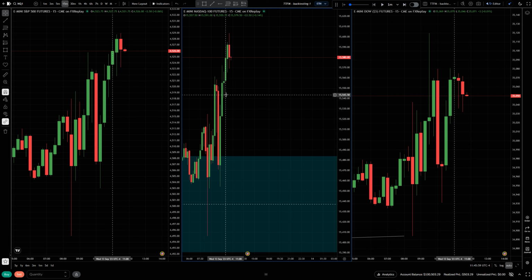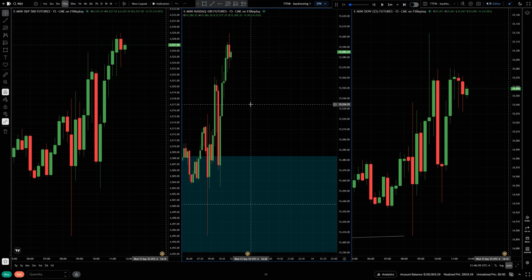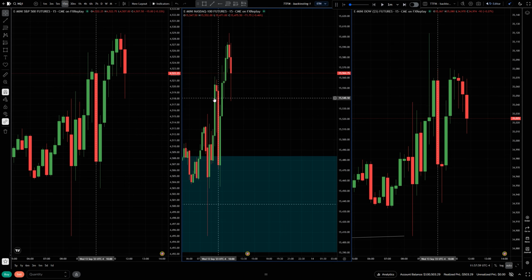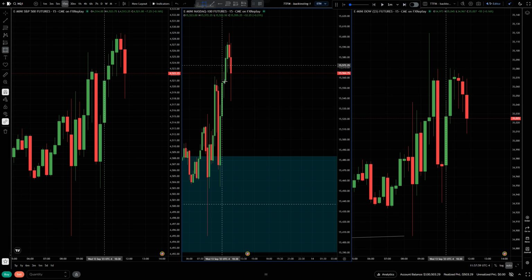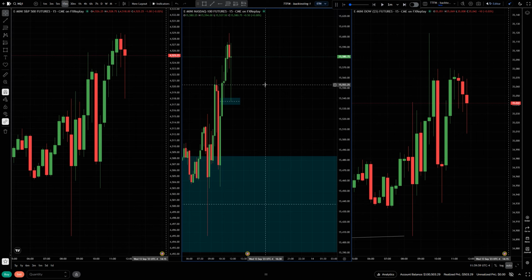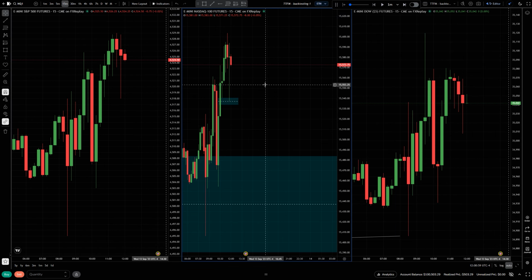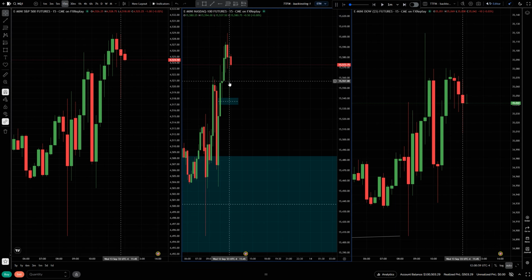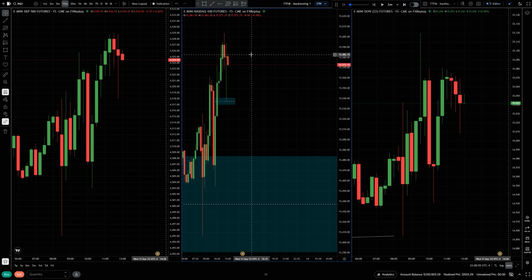We have SMT again between these lows. I want to see a strength switch into YM, otherwise I'm not taking it. I like this fair value gap, but I need to see the strength switch because we currently are still the most bullish on NQ.